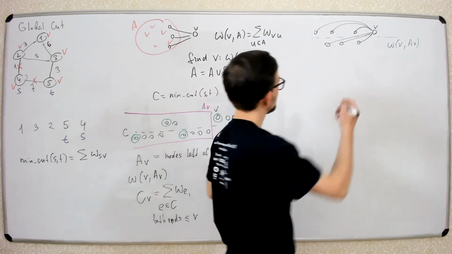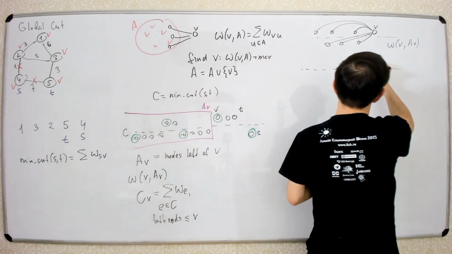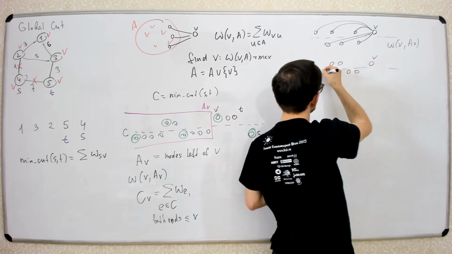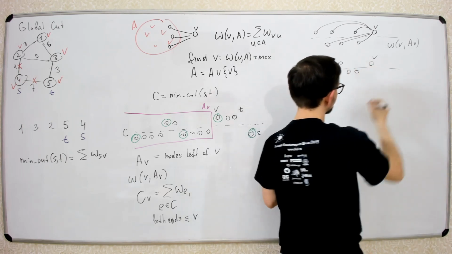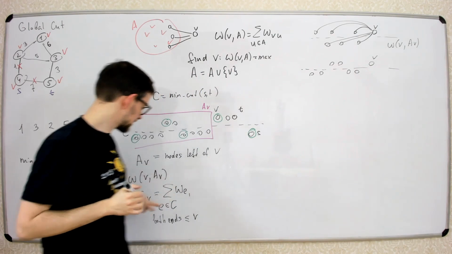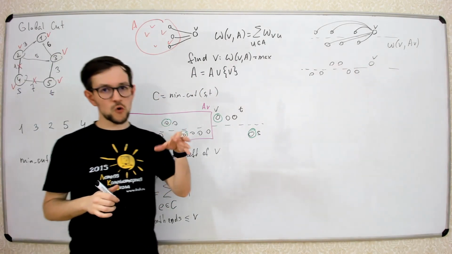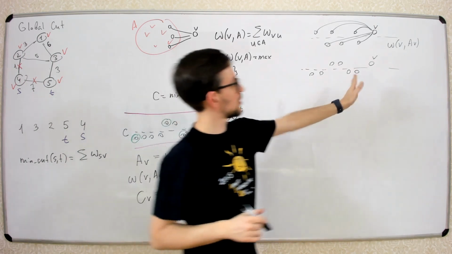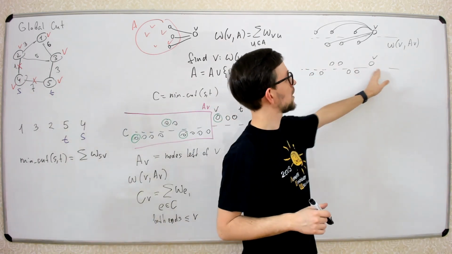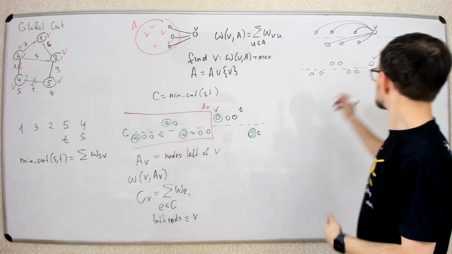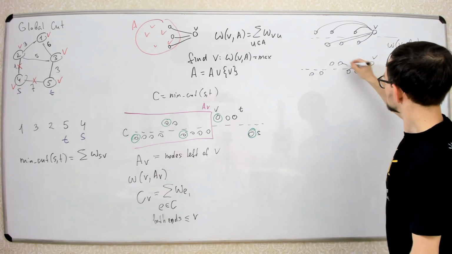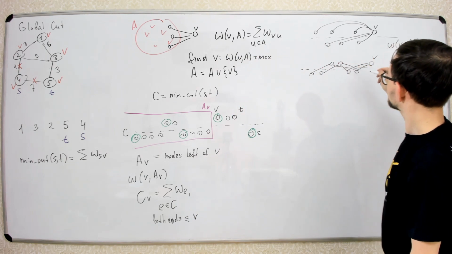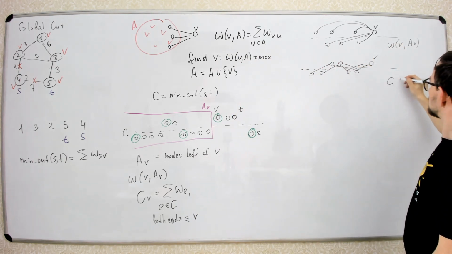Now the second thing is we have this node V and everything here. This is the total weight of all edges which belong to your cut and connect the nodes to the left of V, including V. So we have edges like this and something here. So this is CV.